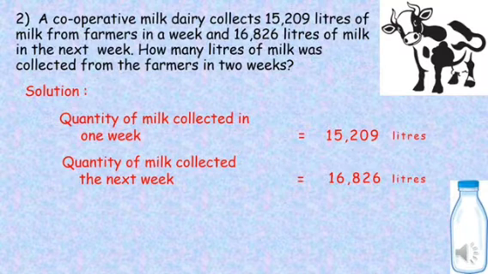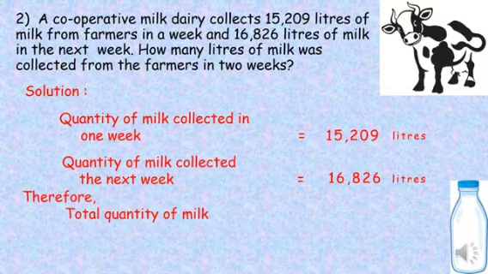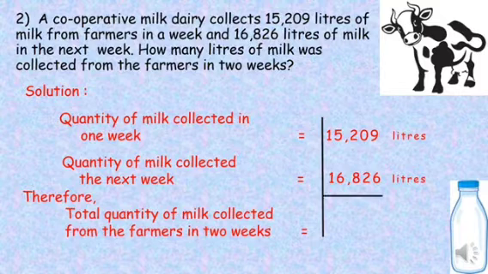Now, we need to add both of them to find the total. So, therefore, quantity of milk collected from farmers in 2 weeks is equal to, we'll have to calculate, add both of them.